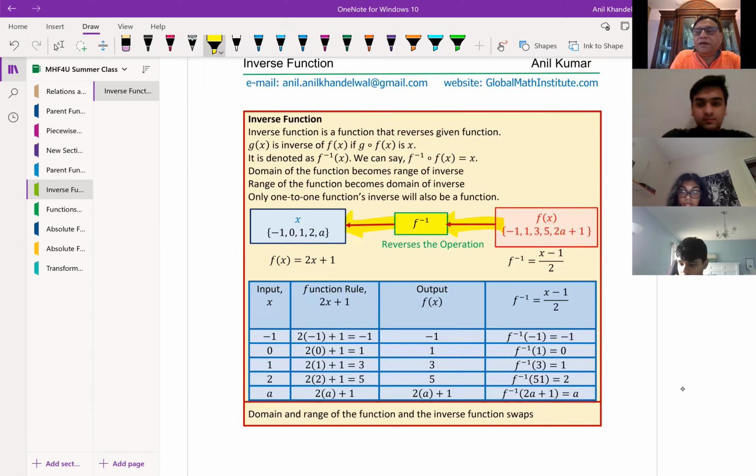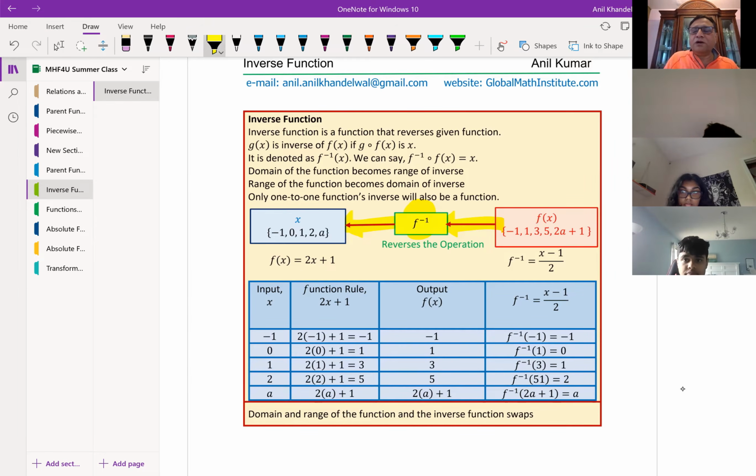Output is now being fed to the function. We expect to get the original input, x value. If we get x value, then we say that this is inverse of the function. That operator in between is inverse. It has reversed the operation which was done by the function. Is this concept clear to all of you?